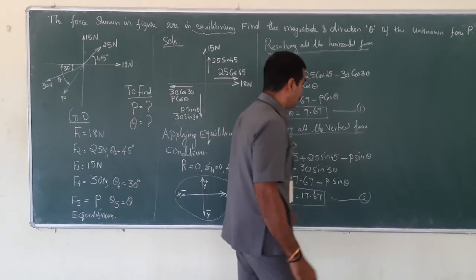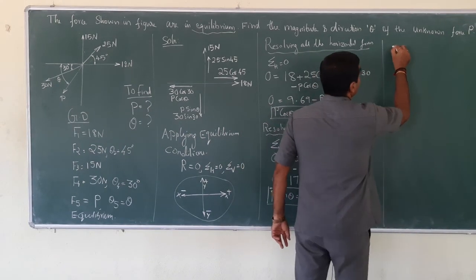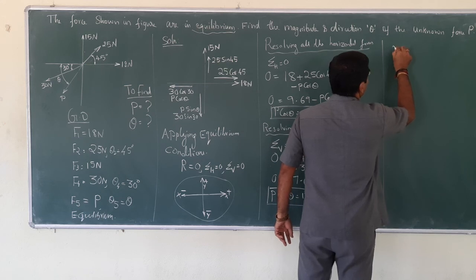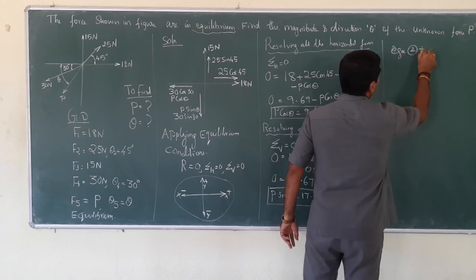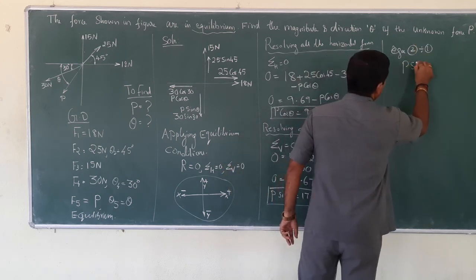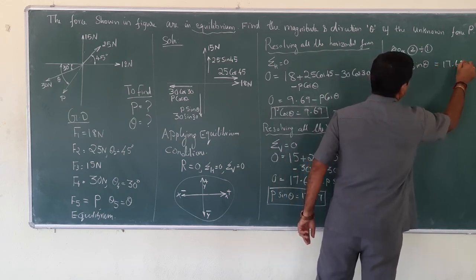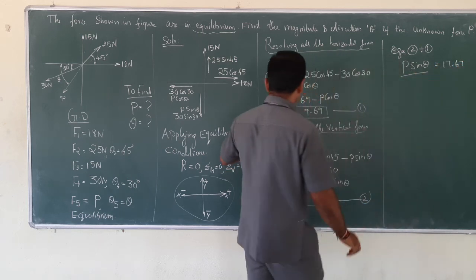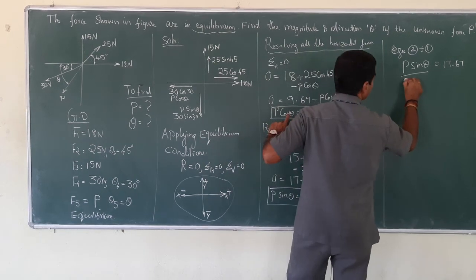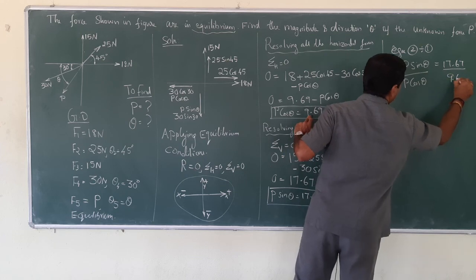So P sin theta equal to 17.67 divided by P cos theta equal to 9.69.